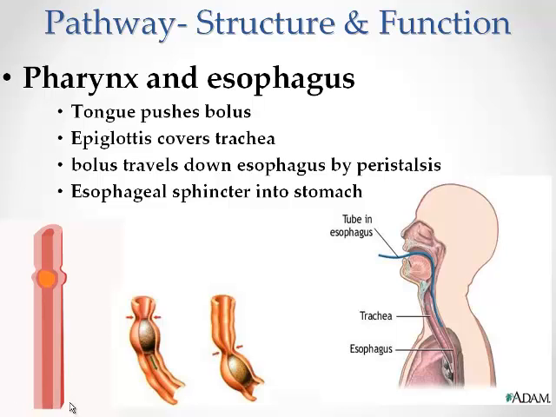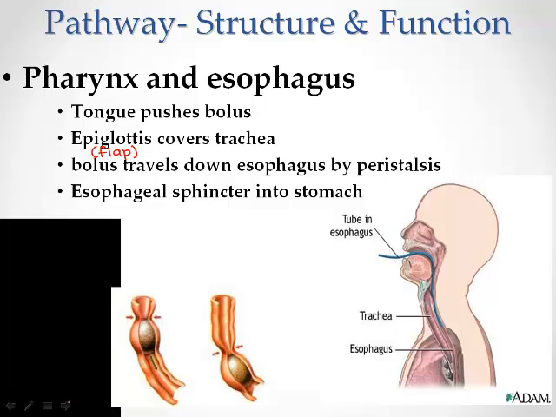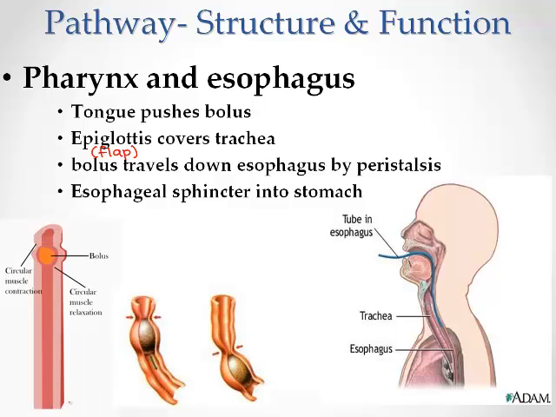So our tongue pushes our bolus to our esophagus, and we're going to have a little flap called our epiglottis, and this flap is going to cover our trachea so that we are not inhaling our food into our lungs. So epiglottis covers our trachea, bolus moves into our esophagus.